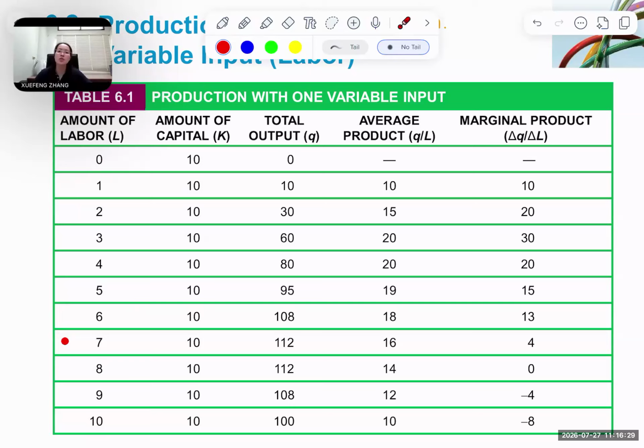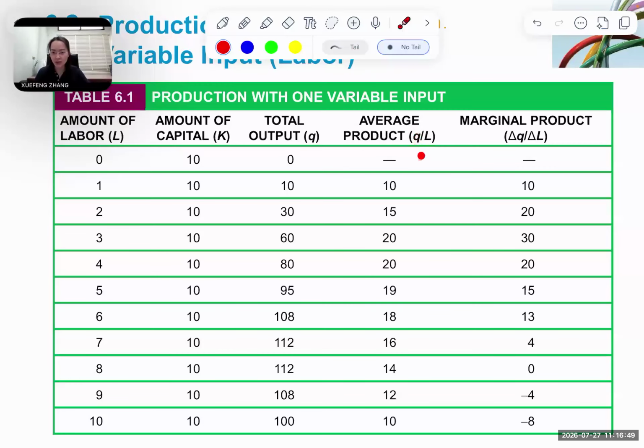This table shows what happens to output as we add workers one at a time. Let's define three things. First one, total output, which is Q. All right, think about the total bowls of noodles produced. And then we have average product.